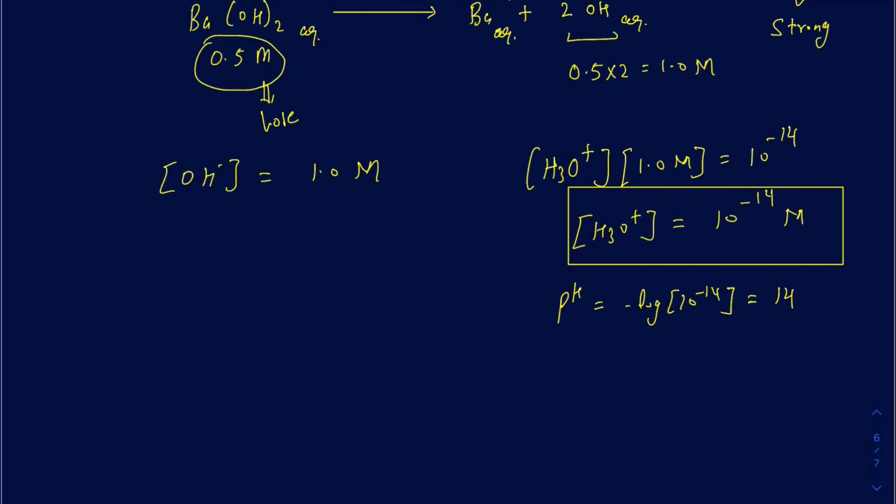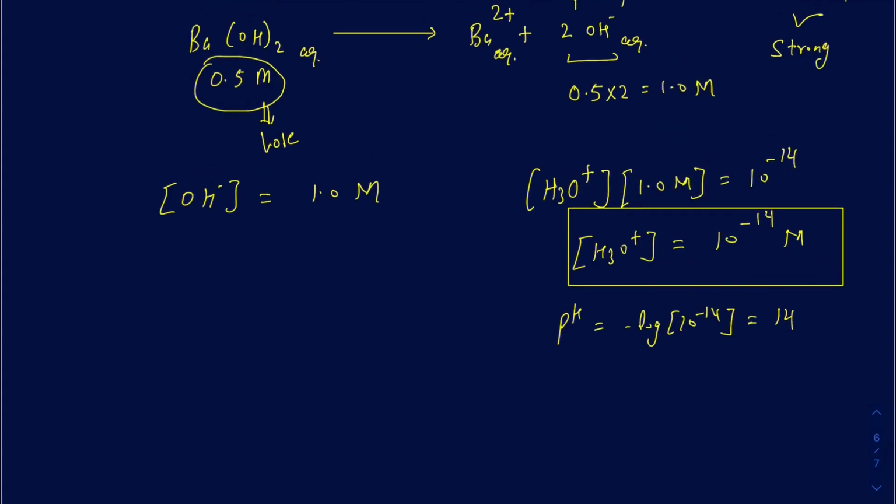If you don't want to calculate the H3O plus concentration and just strictly get the pH straight from the OH, you can also calculate the pOH first, which is going to be negative log of the OH minus, which is 1.0. So figure out what the negative log is going to be for 1, and that's going to be 0 actually.